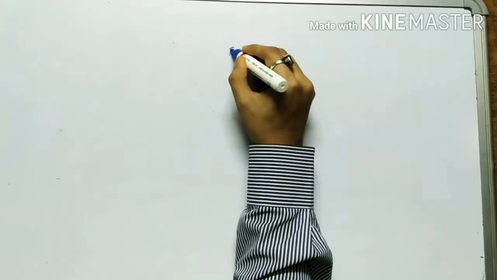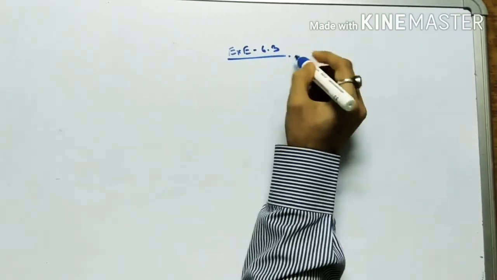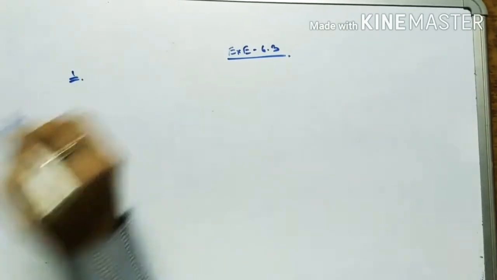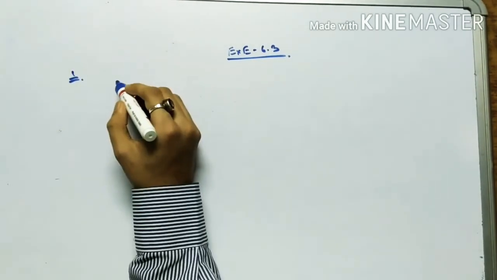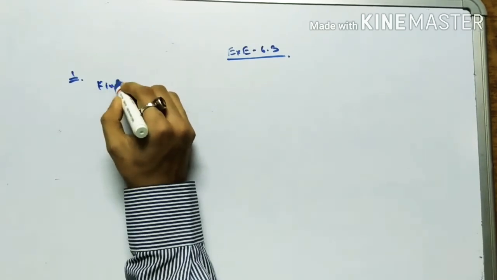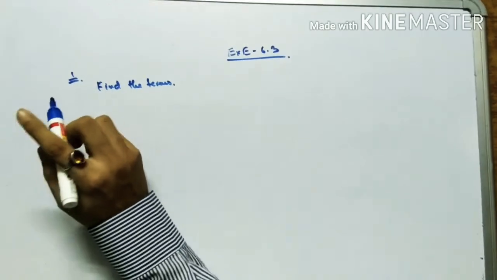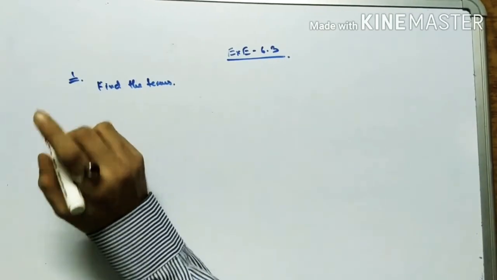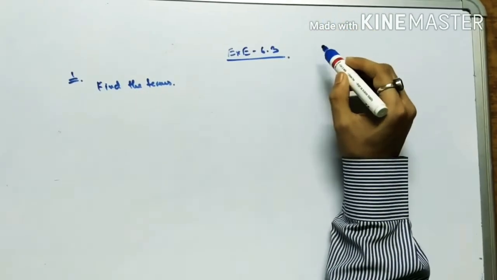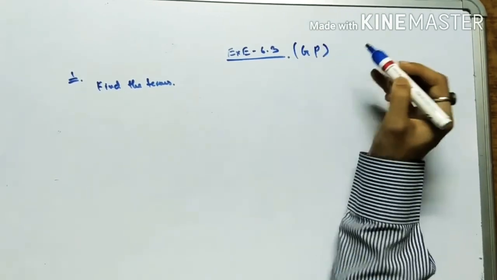So this is our exercise 6.3. Number 1: in the following geometric progression, find the terms mentioned in the bracket. In our previous video we did arithmetic progression. Now here we will do geometric progression, GP.